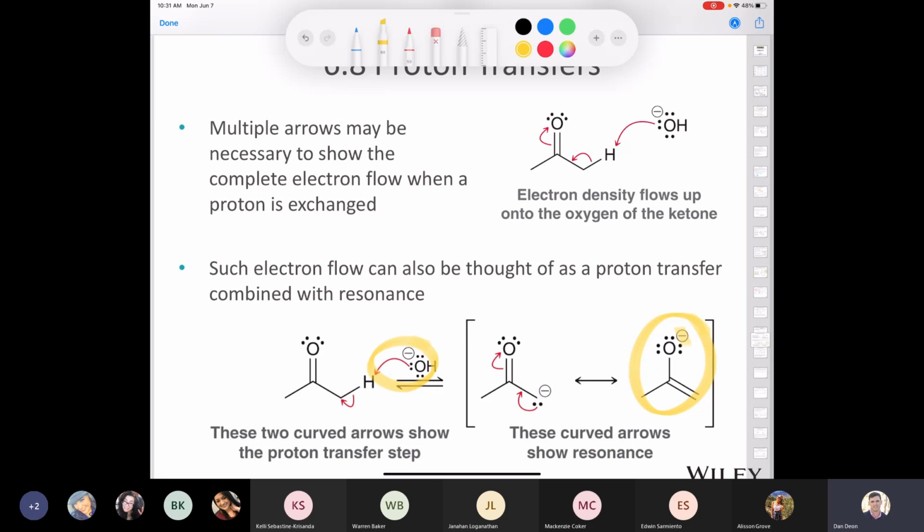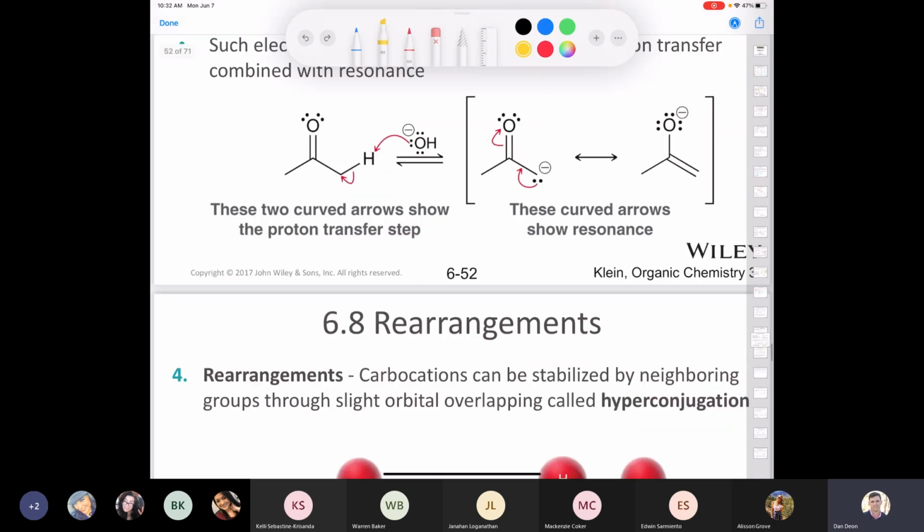This is going back to the rules that we learned in chapter 2. So it would probably be more accurate to draw 3 curved arrows here, which results in the formation of this. All right. So this kind of counts like a proton transfer with resonance all together, combined in a beautiful proton transfer sandwich, if you will.